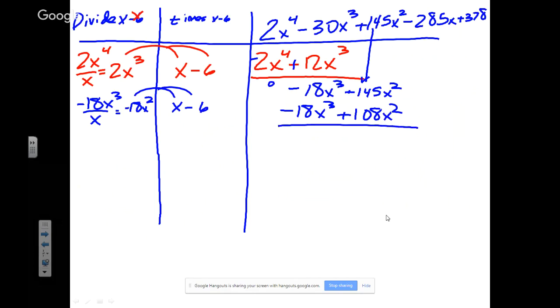Switch the signs. Again, that's why I like to use a different color for switching signs, because then I know that I switched the signs, but I don't know how many of you carry 2 writing utensils with you. So that gives me 30, what is that? 30 what? 7. 37x squared, bring down the next thing.